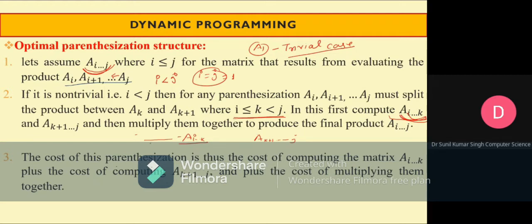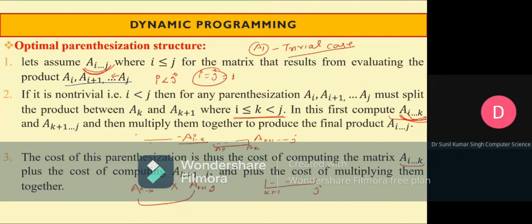The cost of this parenthesization is thus the cost of computing matrix Aik, that is, whatever computation is required for multiplying the matrices from Ai to Ak, plus the cost of computing Ak+1..j, the matrices from k+1 to j, plus the cost of multiplying them together, that is, multiplying Aik and Ak+1..j, these two matrices.